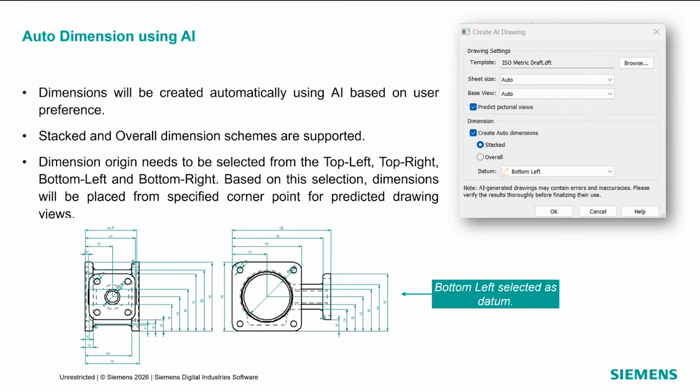One is stacked, and one is overall, which gives you the overall dimensions of the model. Stacked will give you a lot more details as far as the features. And the datums can also be selected. These will be the points from which the AI will dimension on the model.